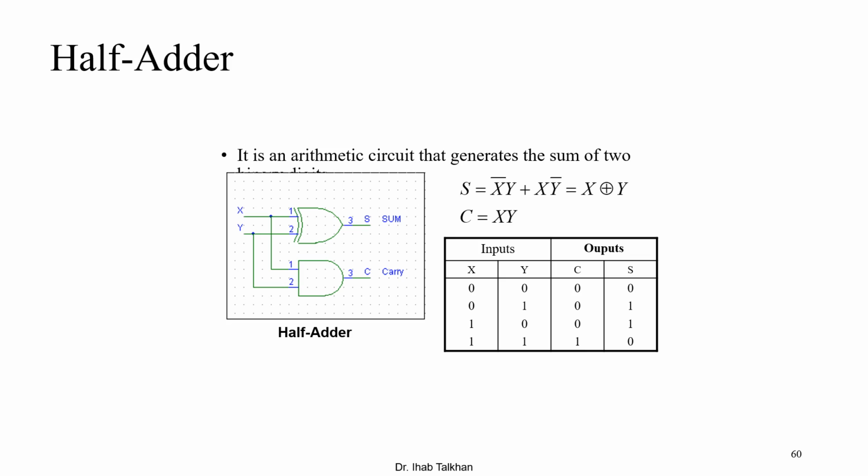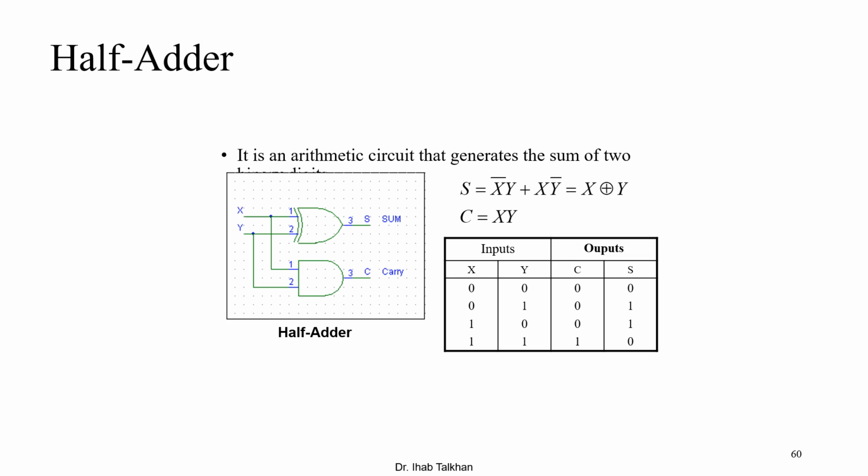This slide will give you an implementation for the half adder. As I mentioned, we have 2 inputs and 2 outputs. As you can see here in the truth table, we have x and y as inputs and C and S as outputs. S stands for the sum and C stands for the carry. You don't actually need a K-map or anything else here, because it's very clear that S is the XOR of x and y, and C is an AND gate between x and y.